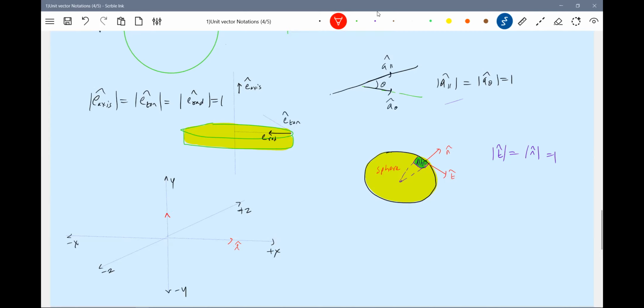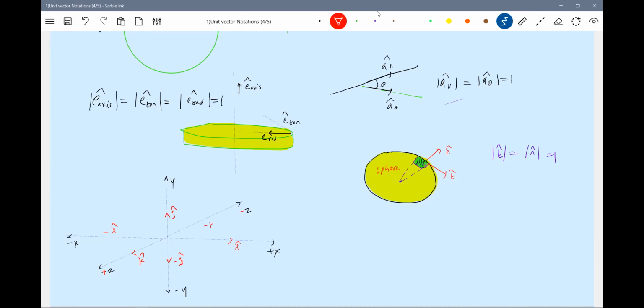The unit vector directed along y will be j cap. The unit vector directed along the z-axis is plus k cap. The unit vector directed along the negative x-axis should be minus i cap. Along the negative y-axis, minus j cap.